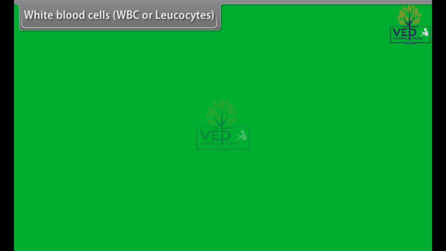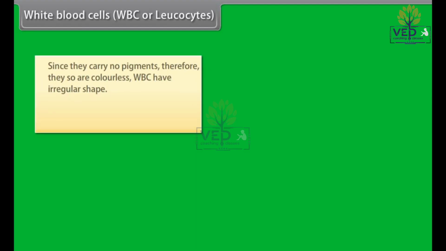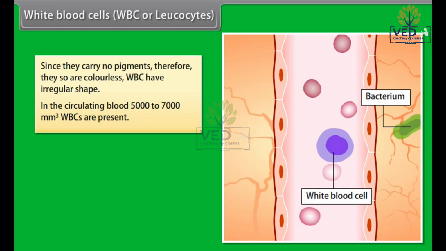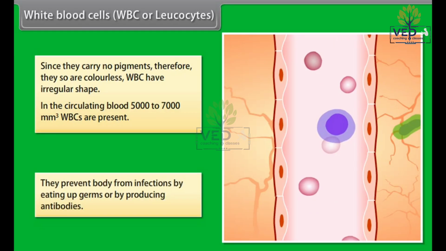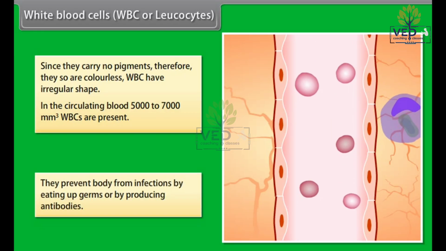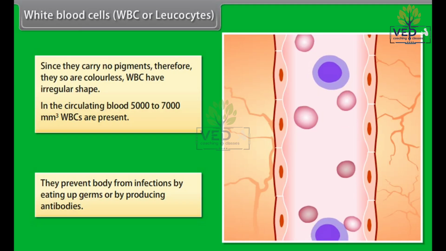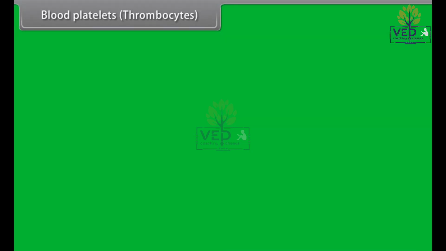White blood cells, WBC or leukocytes. Since they carry no pigments, they are colorless. WBC have irregular shape. In the circulating blood, 5,000 to 7,000 per mm³ WBCs are present. They prevent body from infections by eating up germs or by producing antibodies. Blood platelets, thrombocytes.